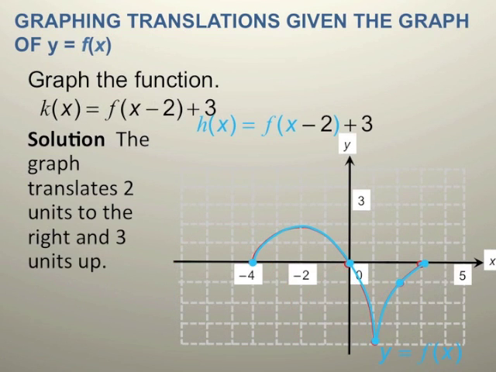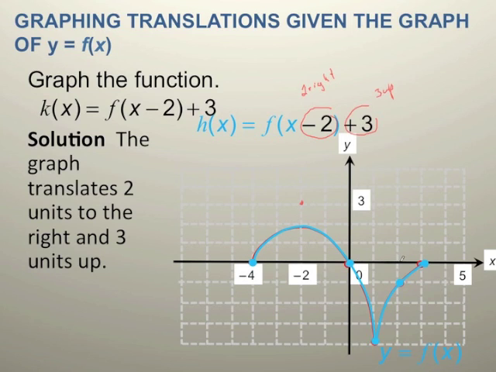This one, what's going to happen? This minus 2 with the x means 2 right. And this plus 3 means 3 up. So from this point, go 2 right and 3 up.